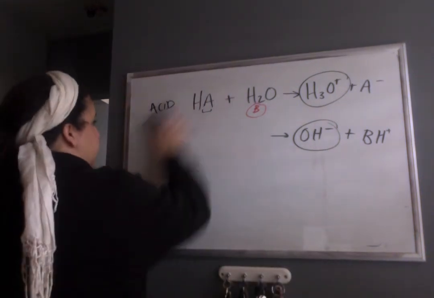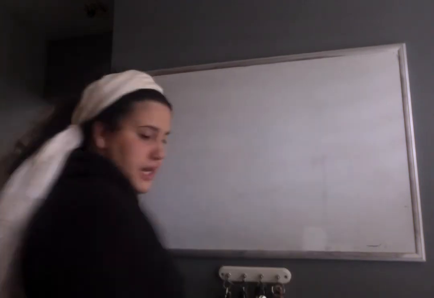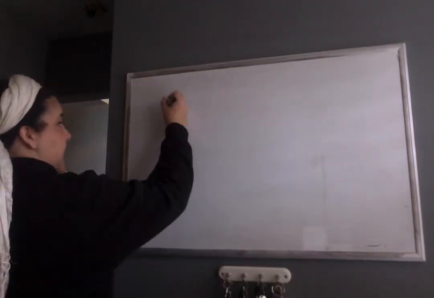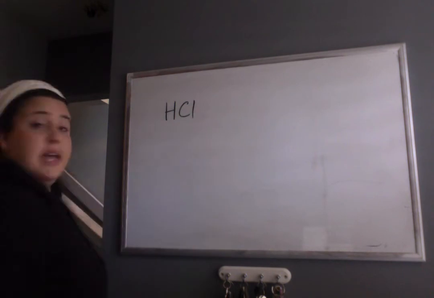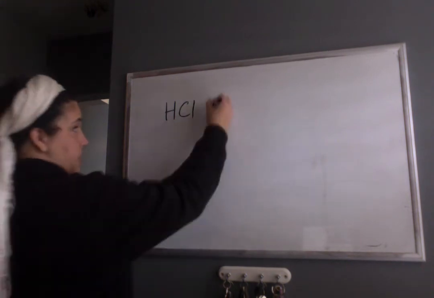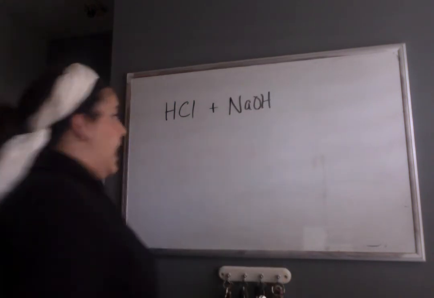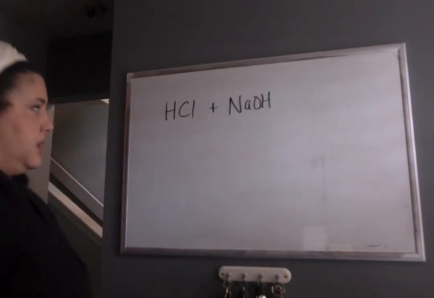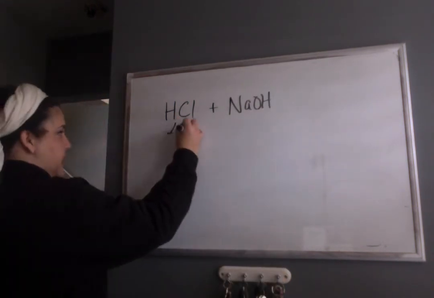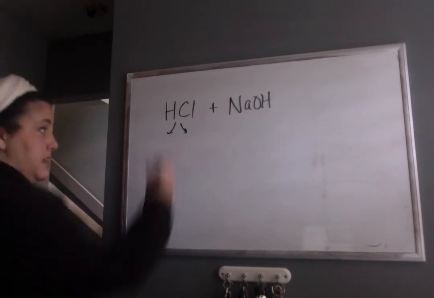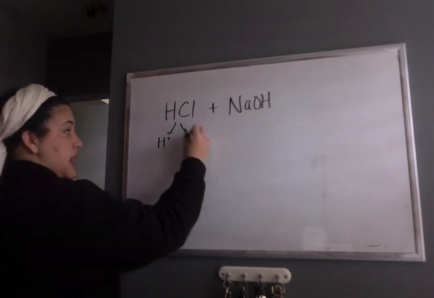So when we think of neutralization, I'm thinking about adding an acid, and we'll go with our most common acid, hydrochloric acid, which we're all pretty familiar with, and sodium hydroxide, a pretty common base. Hydrochloric acid and sodium hydroxide, we should remember, according to Arrhenius, I have H+ and Cl-.